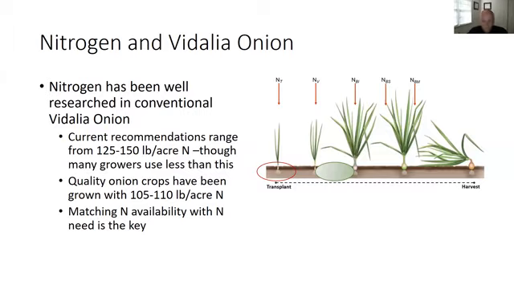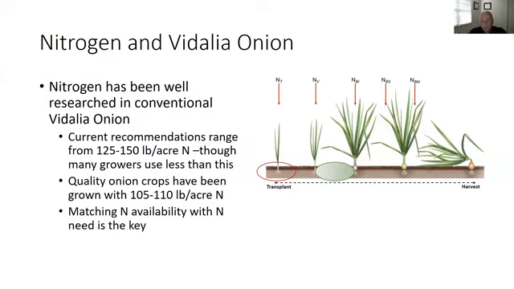I've circled around transplant with a red circle here on this slide because I did some work before I left Tifton, and I know some growers are now experimenting with not using pre-plant nitrogen. In those first few weeks when onion transplants are just sitting there in the soil, they're not growing a whole lot, although they are putting on roots.